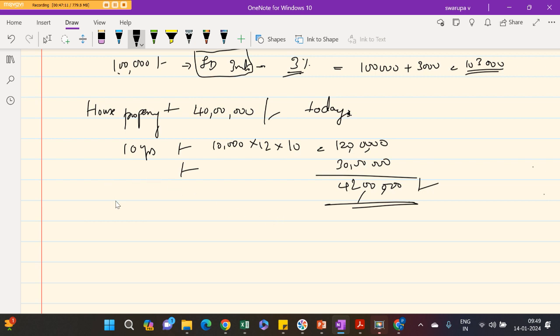Then the investment decision is wrong. This 42 lakhs, when you see it at today's value, it might be less than 40 lakhs. So this 40 lakhs is your present value.